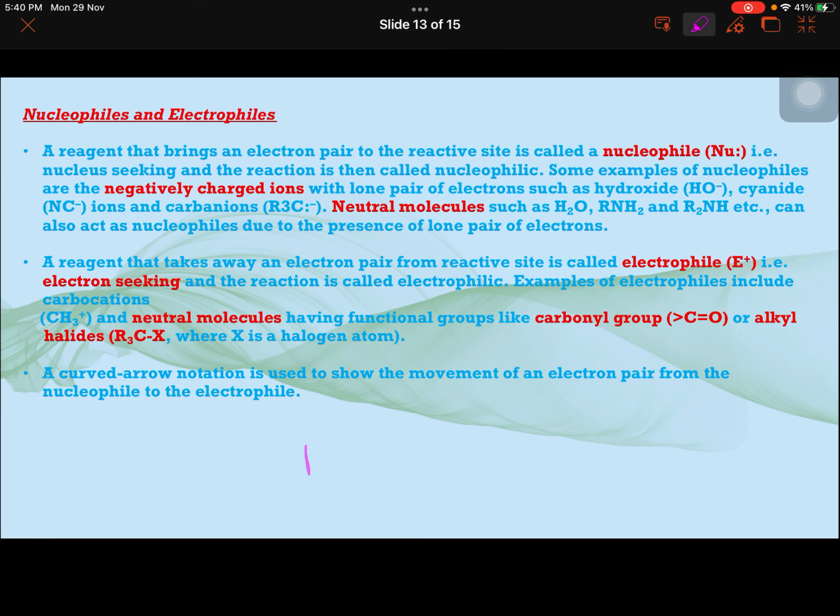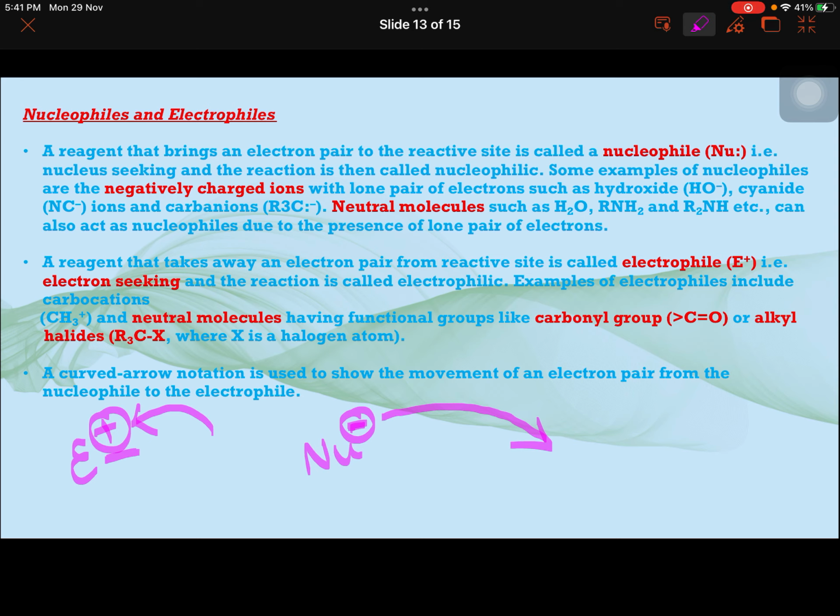If I am showing a nucleophile attacking somewhere, you have to show the arrow starting from this. The tail should be here and the head should be where it is going to attack, on a carbon or anywhere. Why? Because this is electron rich. So the tail of the arrow is always at the electron rich species. And if you have an electrophile reacting with something, you have to show the arrow like this, because this is already electron deficient.